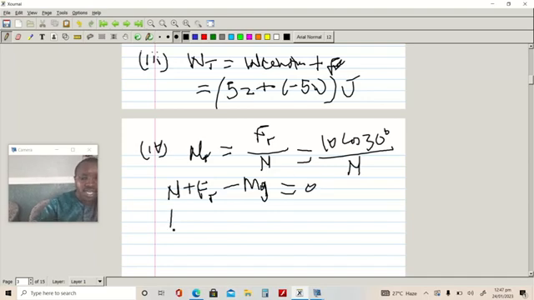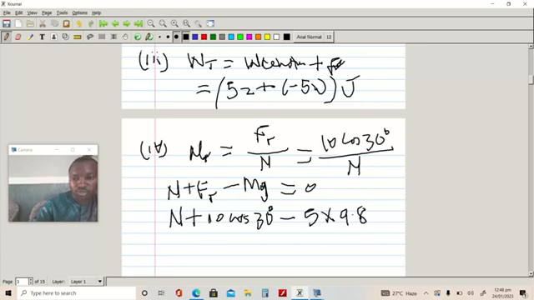So N plus 10 cos 30 degrees, minus M, which is 5, multiplied by G, 9.8. Take your G to be 9.8.